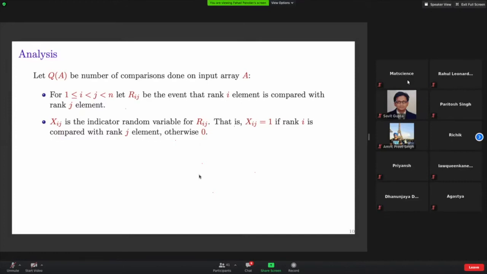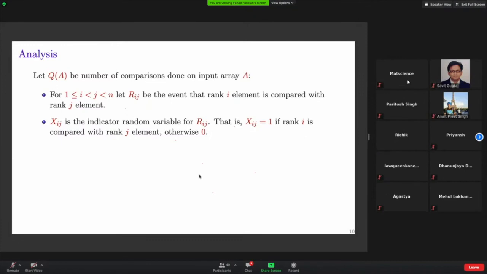For various random choices, Rij may happen. For some random choices, Rij may not happen. But Rij is an event. Now we can define an indicator random variable, Xij. What do I mean by indicator random variable?